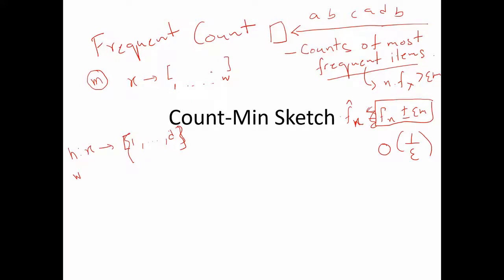So the broad idea is that an item gets represented as a w dimensional vector, and then we do some linear computation to store the count.